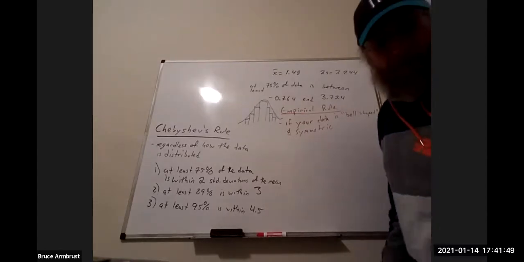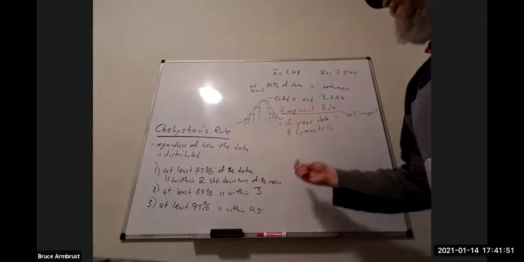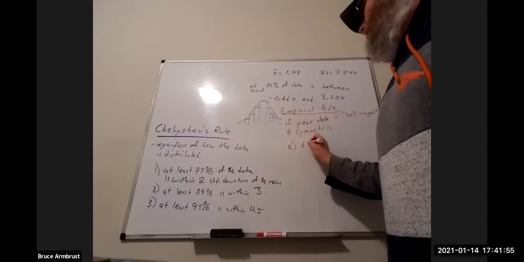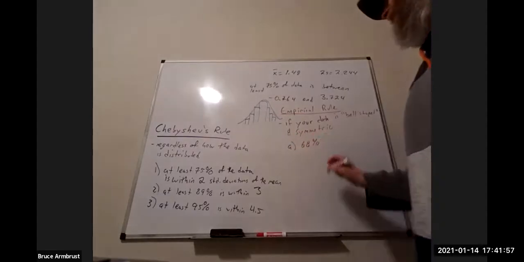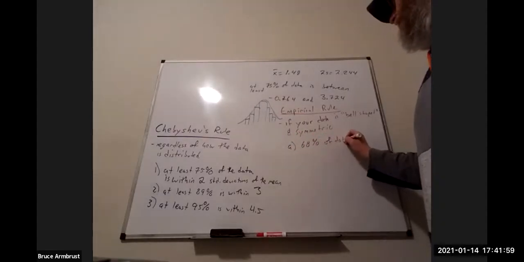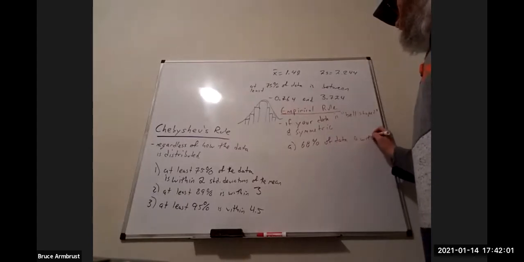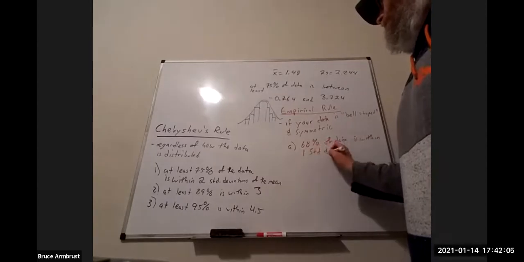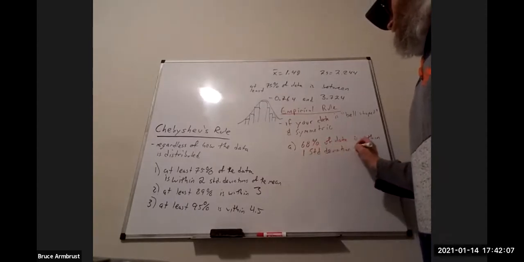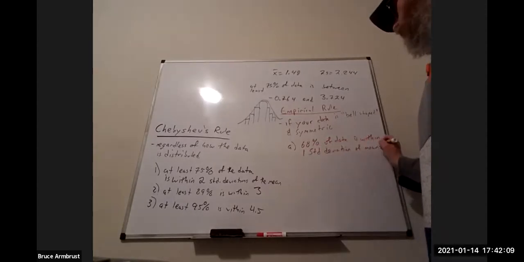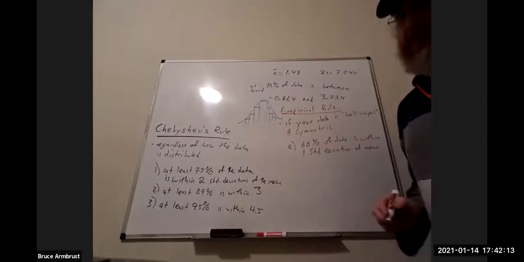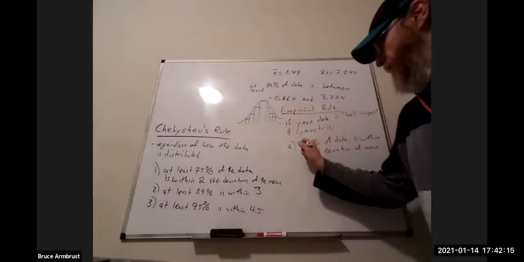But if we've got the empirical rule, then what we know is that 68% of the data is within 1 standard deviation. So if you only go 1 standard deviation on each side, you catch 68% of the data, roughly.